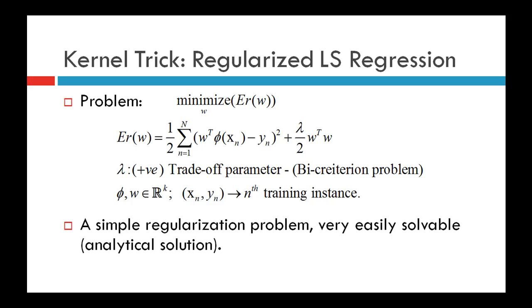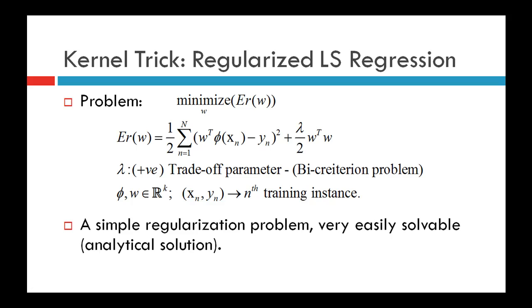So the problem is pretty simple. It is just to minimize with respect to the weight vector w, E(w), where E denotes the error function and is defined as a sum over all training instances. There are n training instances defined by (x_n, y_n), where y_n is a target value. Here phi is a feature vector which maps the training instances x_i to a vector in R^k, and w is a weight vector which assigns a weight to each of the basis functions.